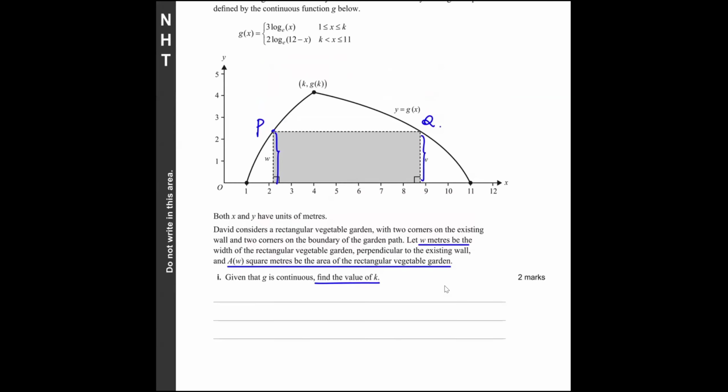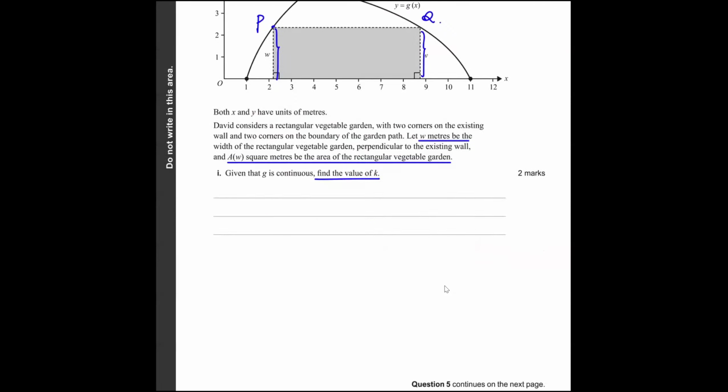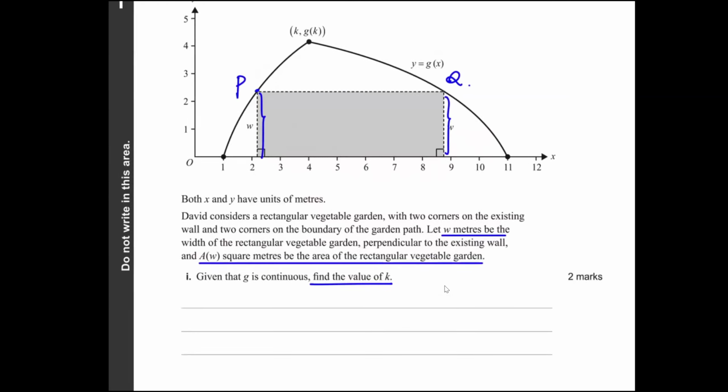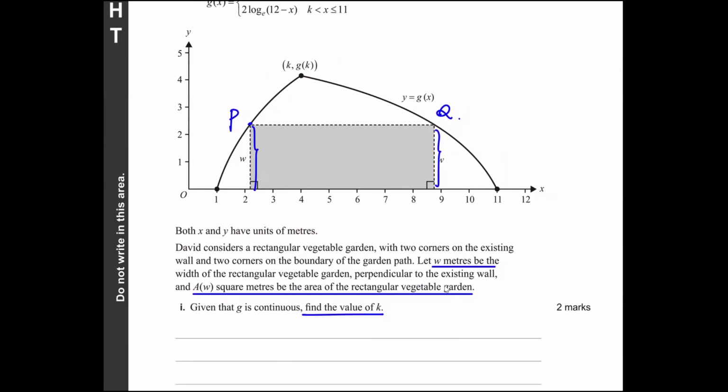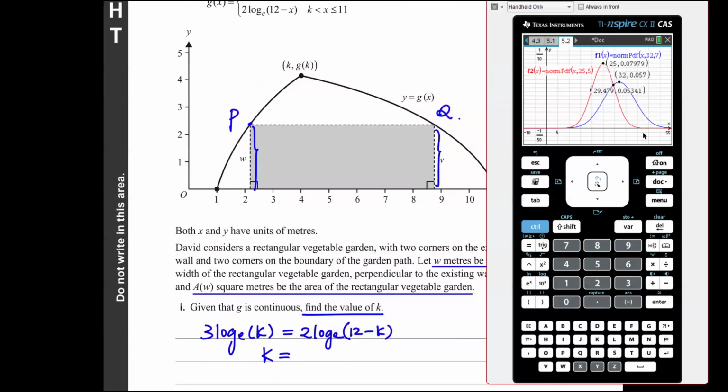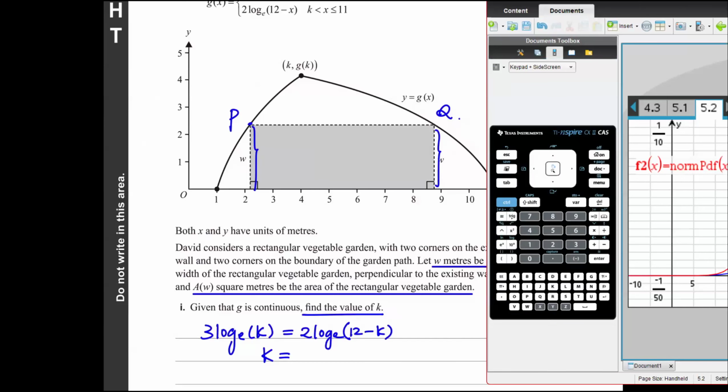So two sides need to have the same y value. For example, I sub in k here and equate them. So I just need to write 3 log e of k equals 2 log e of (12 minus k). And we can solve that by CAS.